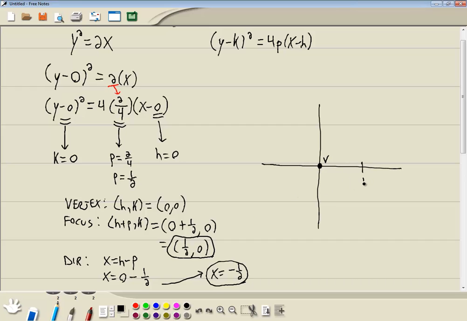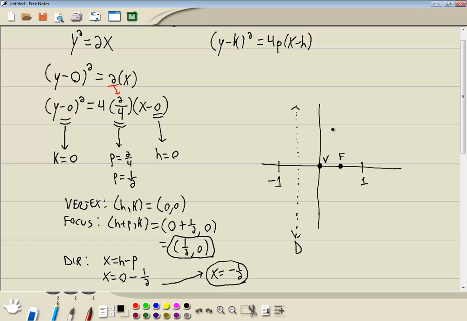I'll say this is 1, so 1/2 would be about right here. That's our focus. And if that's 1/2 here, this is about negative 1 here. Our directrix is x equals negative 1/2, so I come here to x equals negative 1/2, and I put my line. This is our directrix.